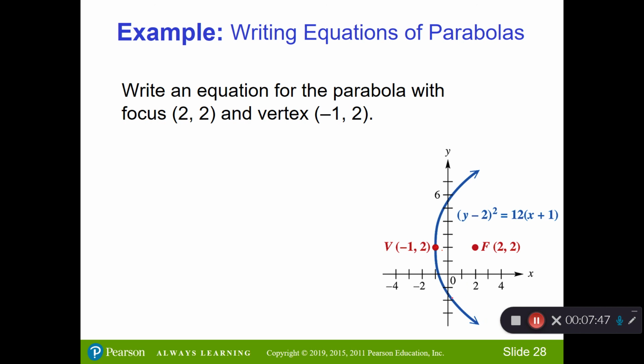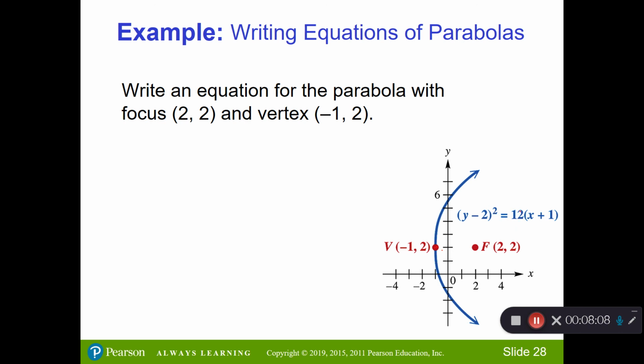So I'm opening to the right. That means that my y is squared, right? And the x is not, so it's x minus the negative 1 for the x-coordinate, and the y minus the 2 for the y-coordinate squared.